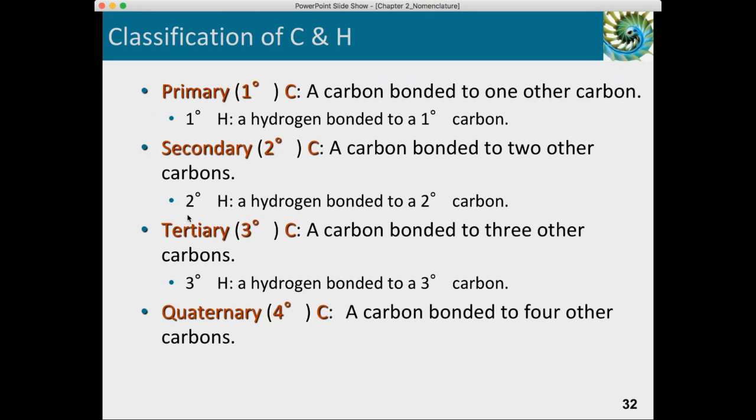A tertiary carbon is bonded to 3 carbons. And a quaternary carbon is bonded to 4 carbons. Hydrogens are likewise classified as primary hydrogens, secondary hydrogens, and tertiary hydrogens, okay? Same rule applies. So that's something I had already explained before.